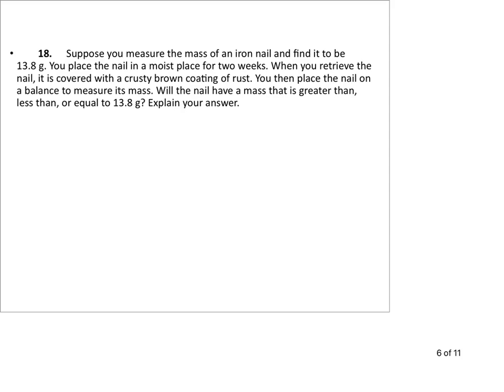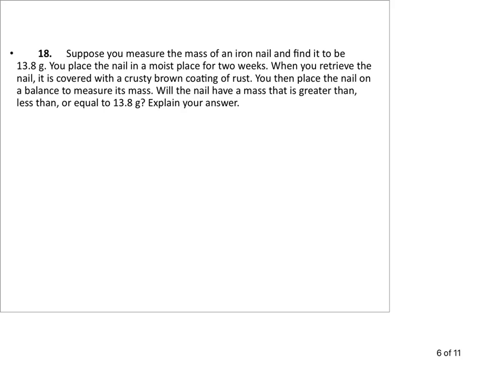So suppose you measure the mass of an iron nail and find it to be 13.8 grams. You place the nail in a moist place for 2 weeks. When you retrieve the nail, it's covered with a brown coating of rust, and you place the nail on a balance to measure its mass. Will it have a mass greater than, equal to, or less than 13.8?